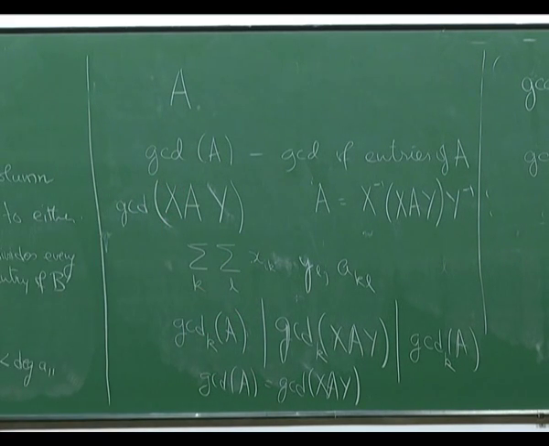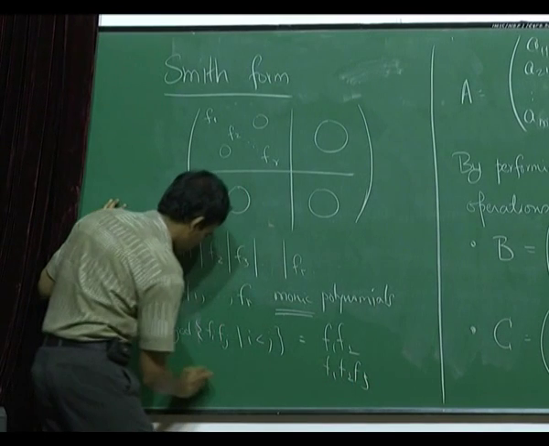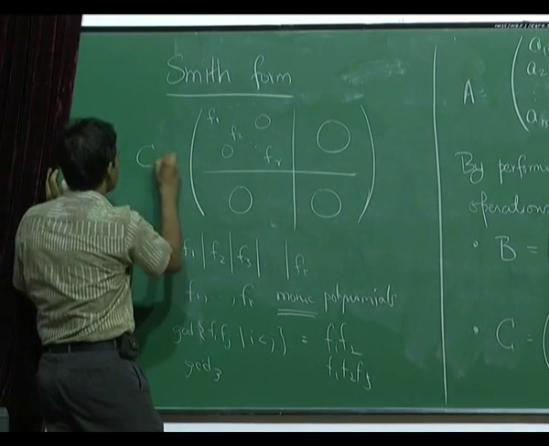So what you get is that F1, F2, F3, so GCD 3, let's call this canonical form.